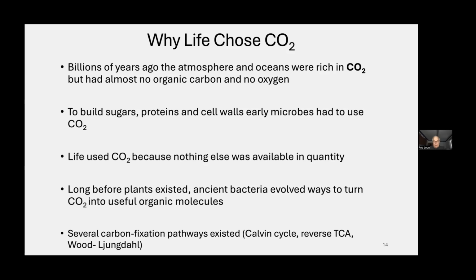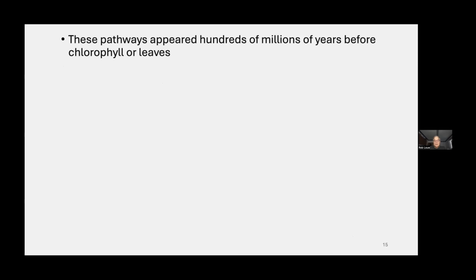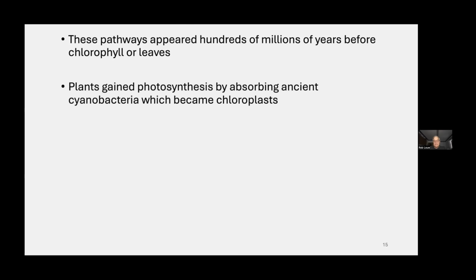And during that time, before plants even came into existence, several carbon fixation pathways existed: the Calvin cycle, and we're going to learn more about that, reverse TCA, and others. These pathways appeared hundreds of millions of years before chlorophyll or leaves.